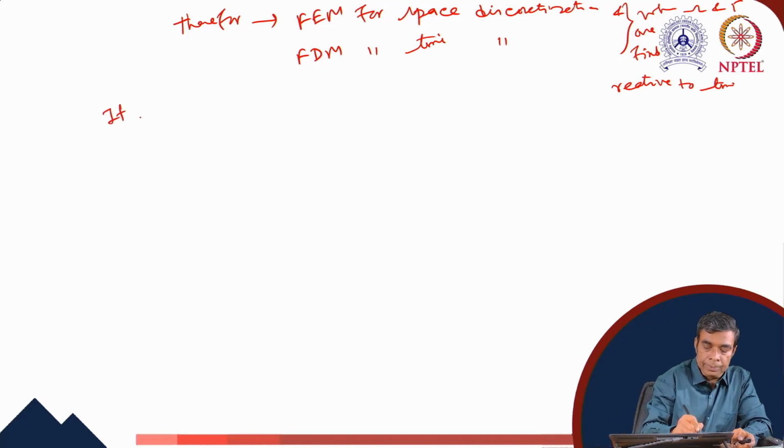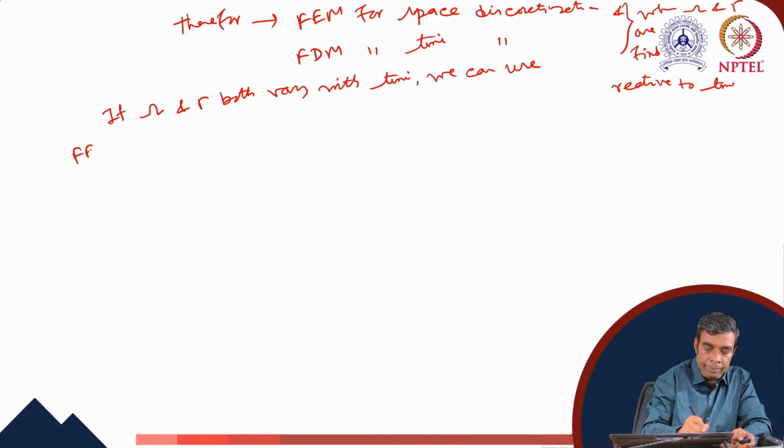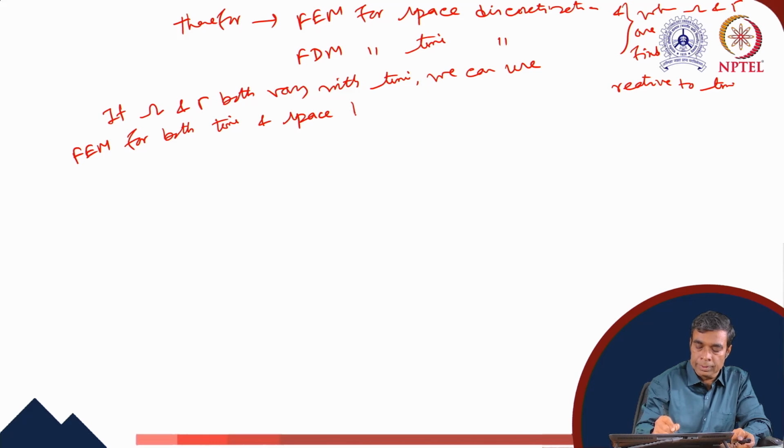If omega and gamma both vary with time, we can use FEM for both time and space discretization.